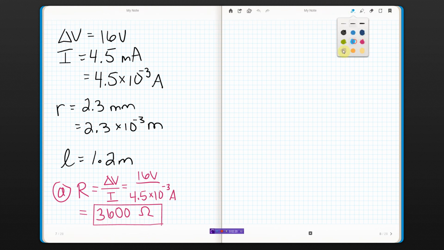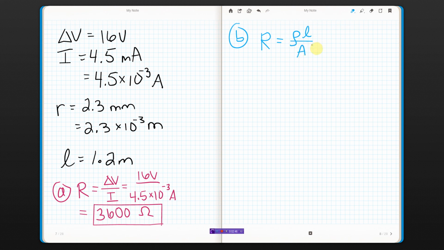Okay, part B, we want the resistivity. Resistivity is that number that had to do with what the material was made out of, and it shows up in the equation for resistance, which is also on your orange sheet. So resistance was resistivity times the length of the resistor divided by the cross-sectional area.